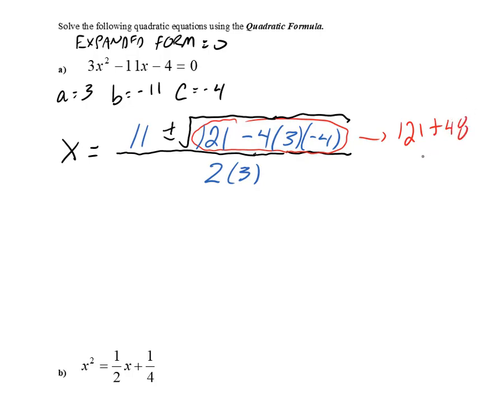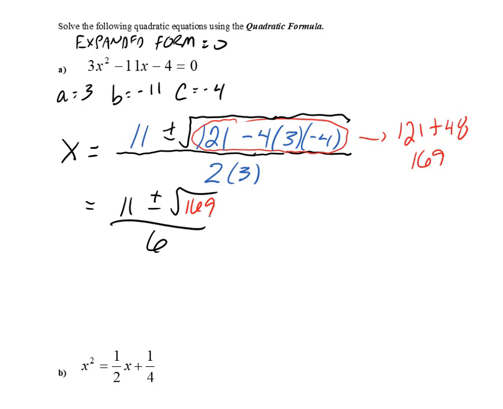So if I add these two together, I get 169. So I'm just going to rewrite my expression. I get 11 plus or minus the square root, and now this is 169, and then divided by, we could just rewrite 6 for the denominator.